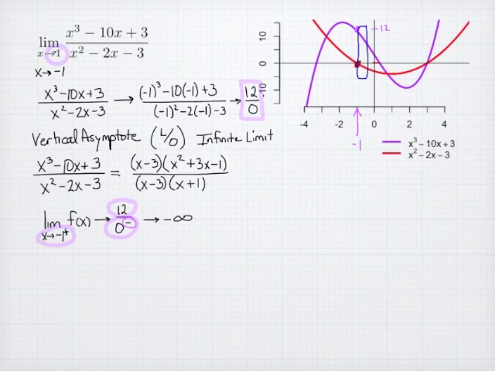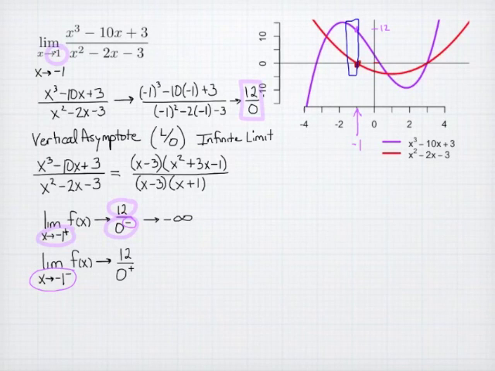On the other hand, if I look at the left-hand side, we can see that the numerator is getting close to 12 again, but the denominator is close to 0, but positive values. The way that we can write that is we again do a one-sided limit.